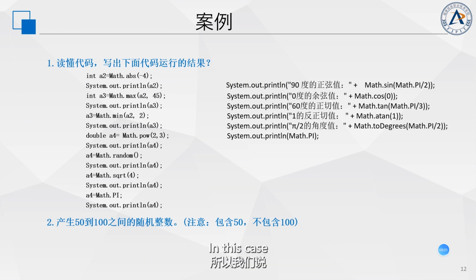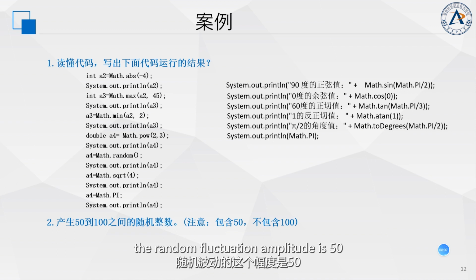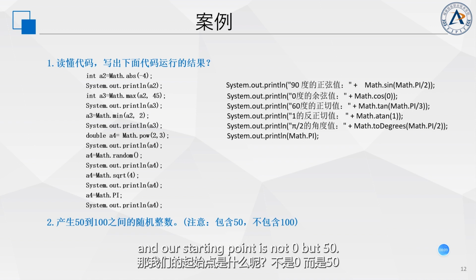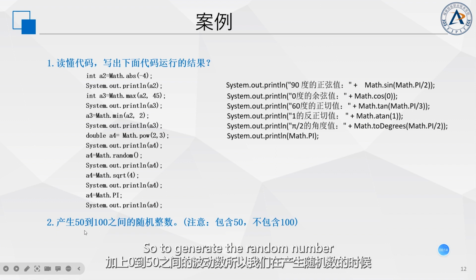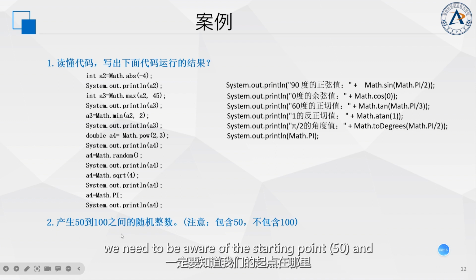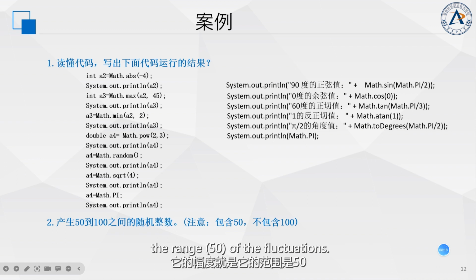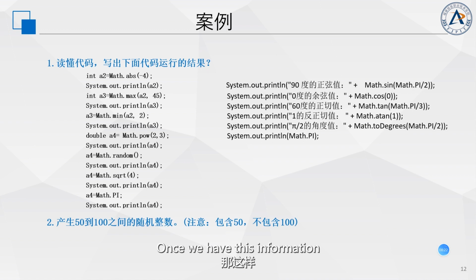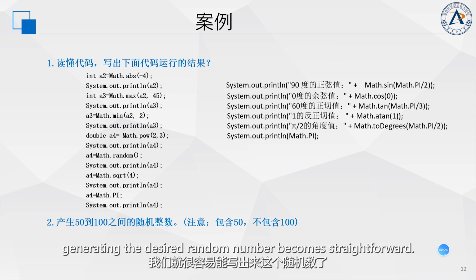In this case, the random fluctuation amplitude is 50, and our starting point is not 0, but 50. So, to generate the random number, we need to be aware of the starting point, 50, and the range, 50, of the fluctuations. Once we have this information, generating the desired random number becomes straightforward.